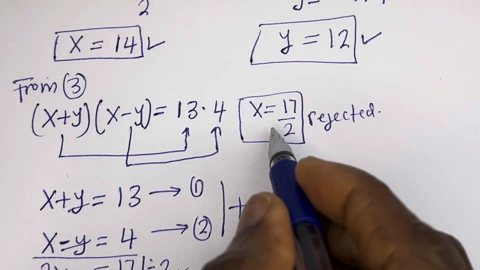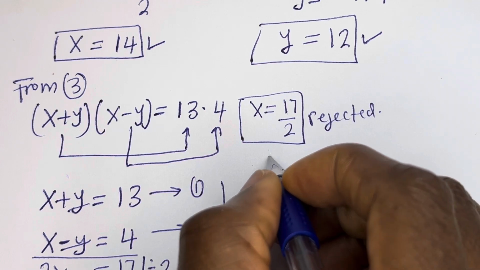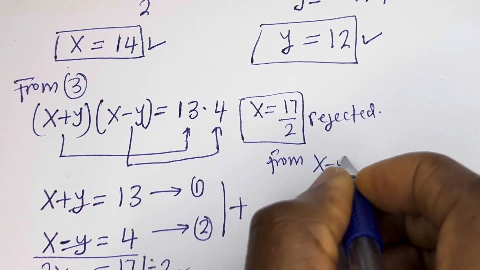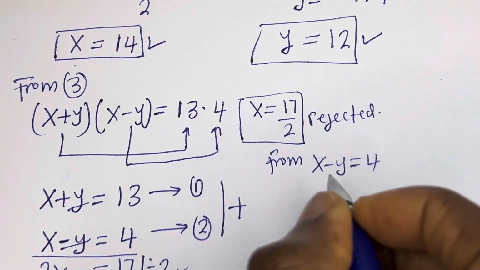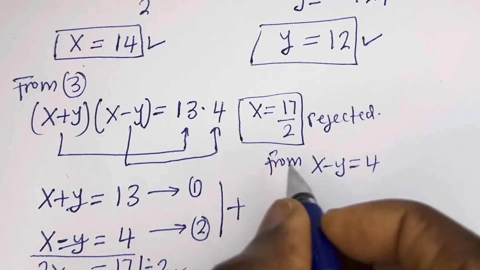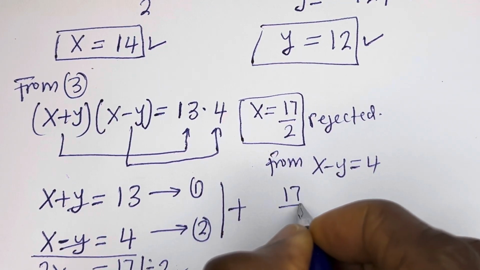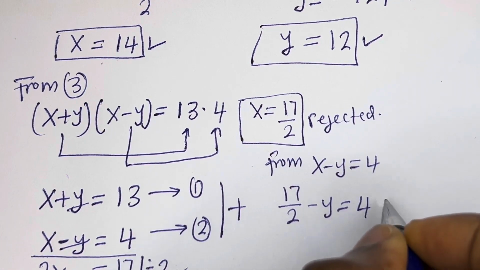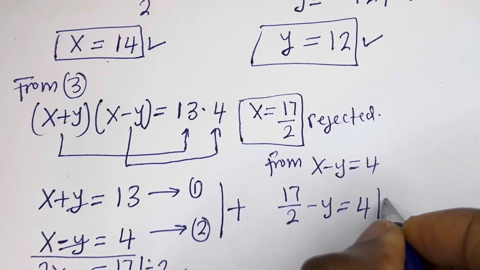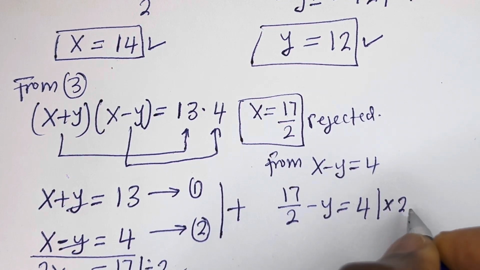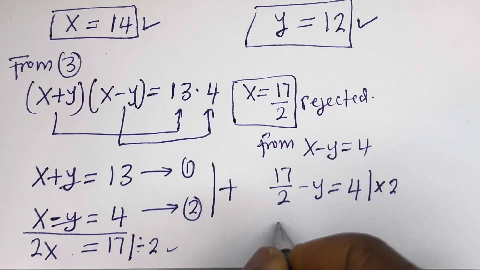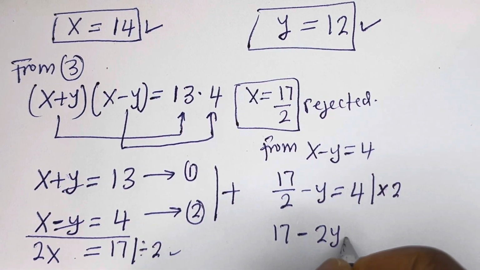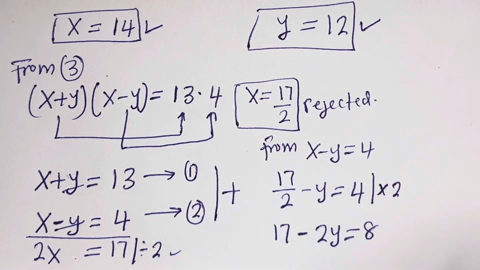We've gotten the value of x. Then to solve for y, from x minus y is equal to 4, when x is 17 over 2, we have 17 over 2 minus y is equal to 4. Then let's multiply all through by 2. Here will be 17 minus 2y is equal to 8.